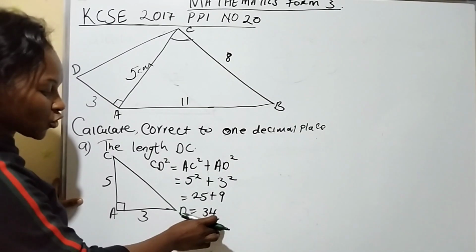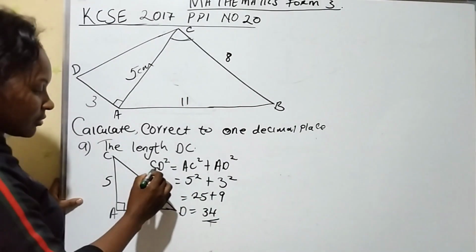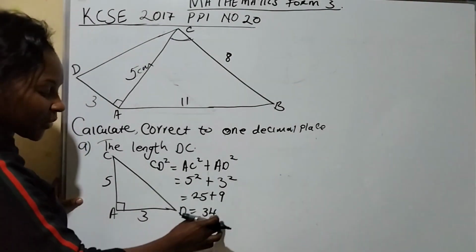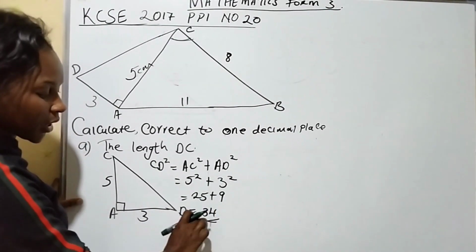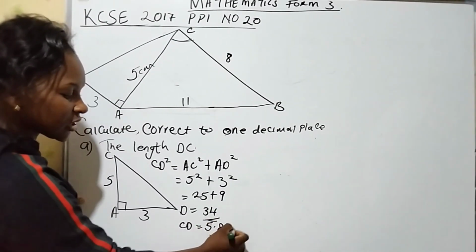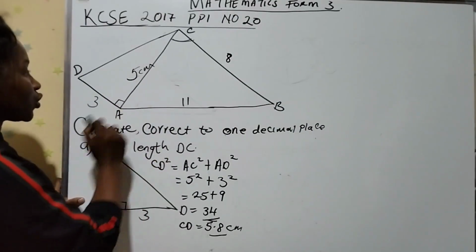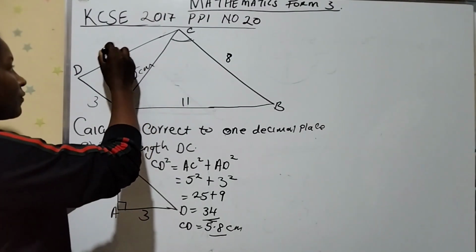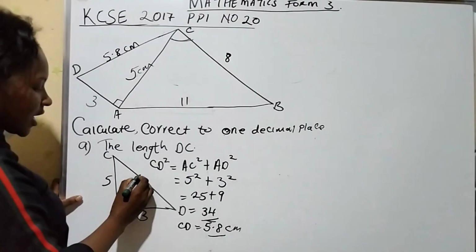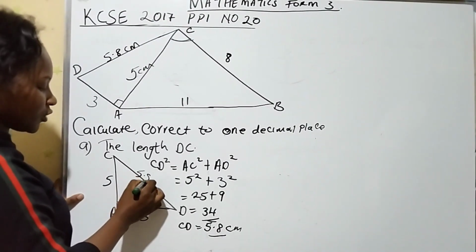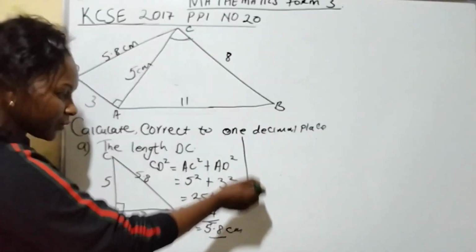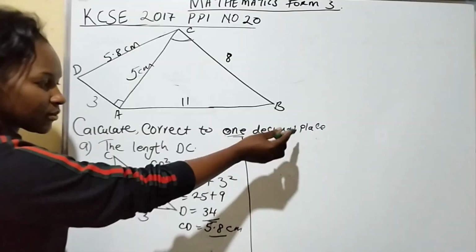So 34 is CD squared. So for CD, we find the square root of 34 and get 5.8 centimeters. So we have this side here as 5.8 centimeters. Just simple, to 1 decimal place.